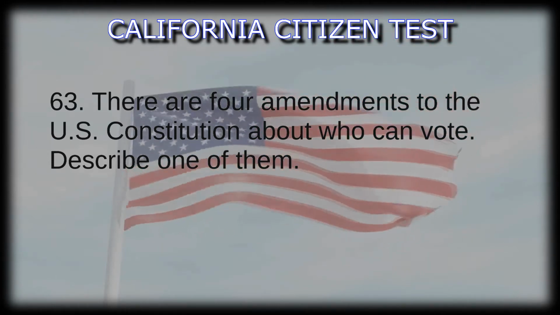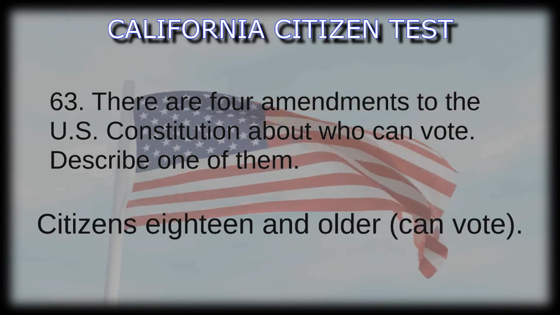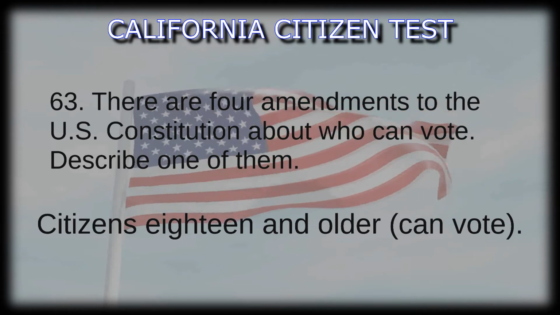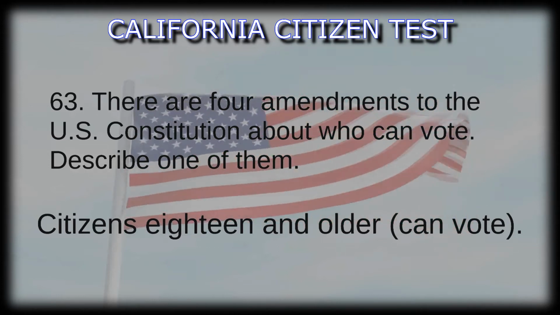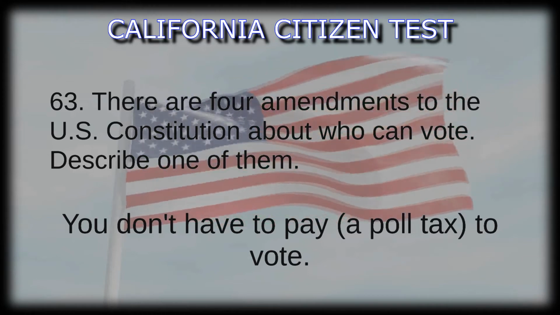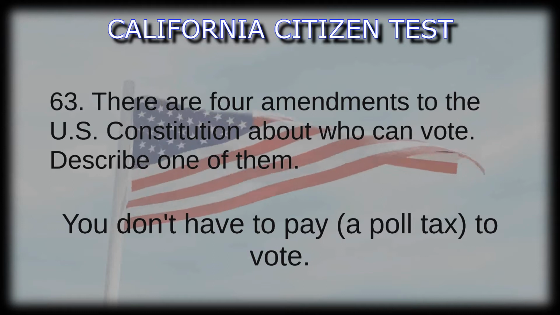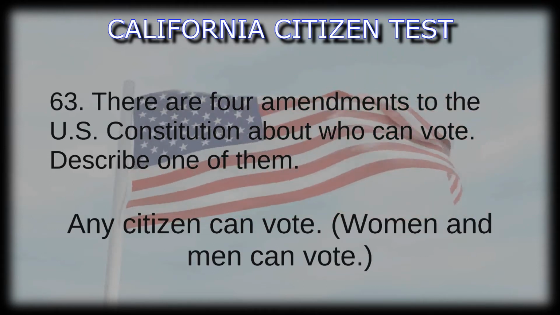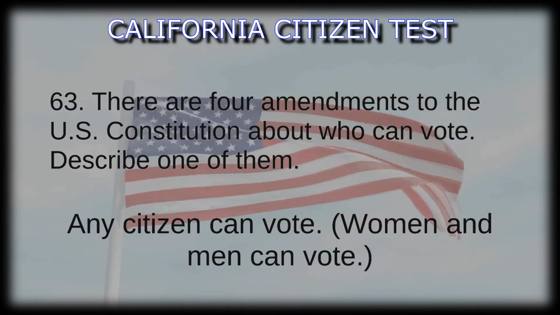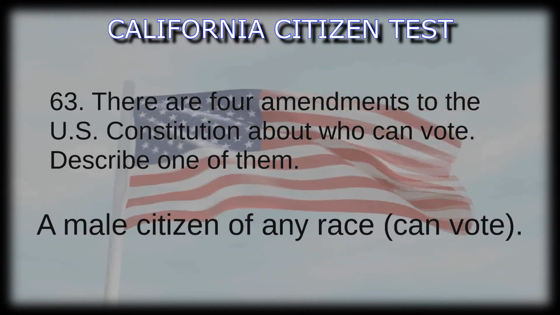Describe one of them. Citizens 18 and older can vote. You don't have to pay a poll tax to vote. Any citizen can vote. Women and men can vote. A male citizen of any race can vote.